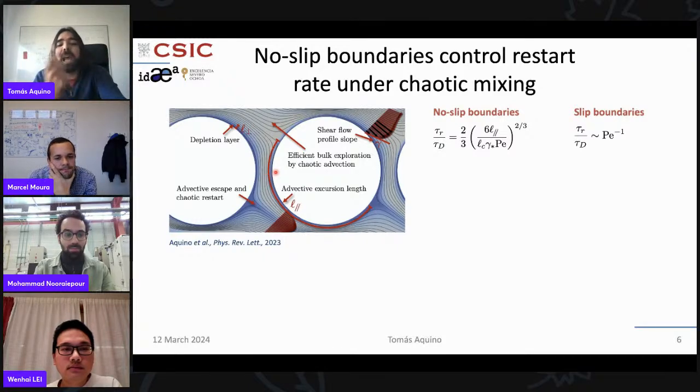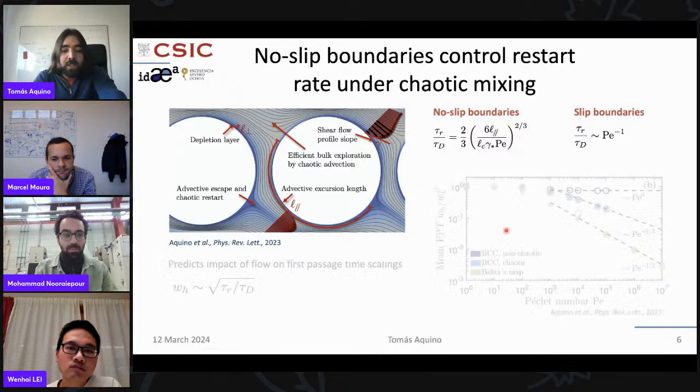If we look at a balance of diffusion and advection in this region, we find that the restart time, which is controlled by the low velocities in the shear layer near the solid surfaces because of the no-slip conditions, now scales as Pe to the -2/3 when normalized by the diffusion time. And the Peclet number here is multiplied by an average shear rate near the solid surface. This L parallel gives you the typical length of these trajectories near the surfaces.